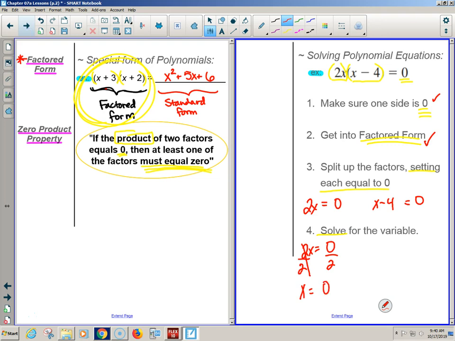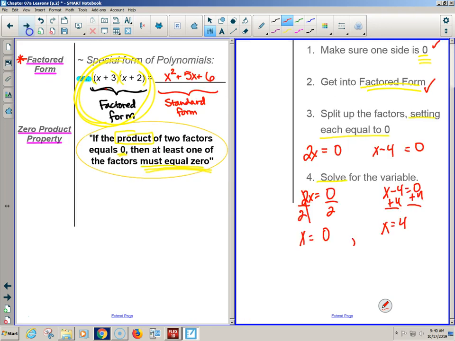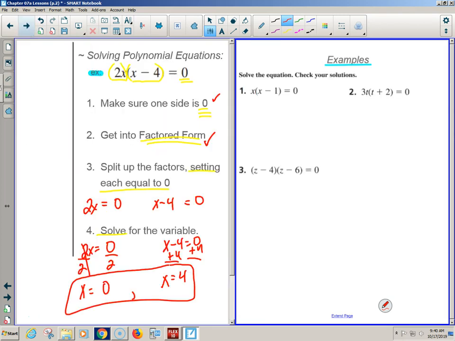There's one answer. X minus 4 equals 0. How do I get x alone? Add 4. X equals 4. Guess how many answers I have? 2. That's it. In order to make a 0, one of them has to be 0.